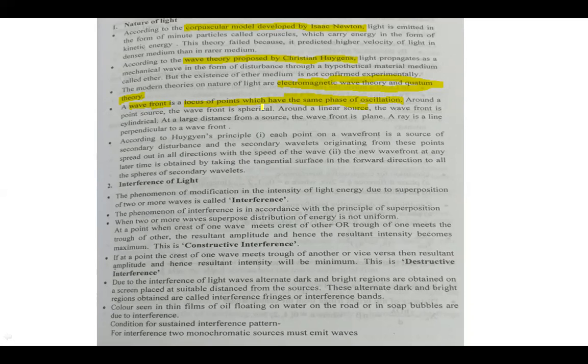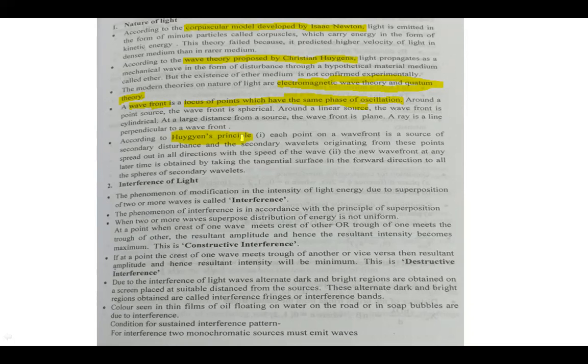That is very important. After that, the very important thing is Huygens principle. It is a geometrical construction to explain the propagation of a wavefront in a medium and to determine the position of the new wavefront.